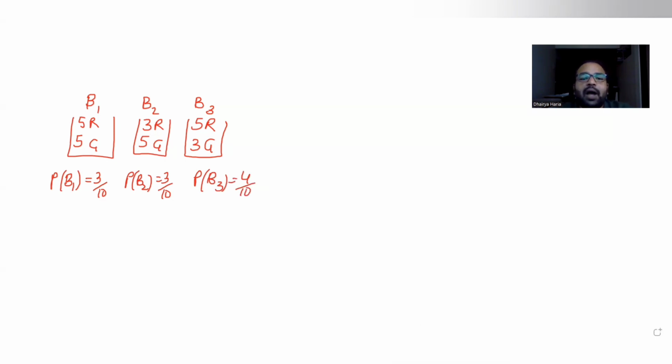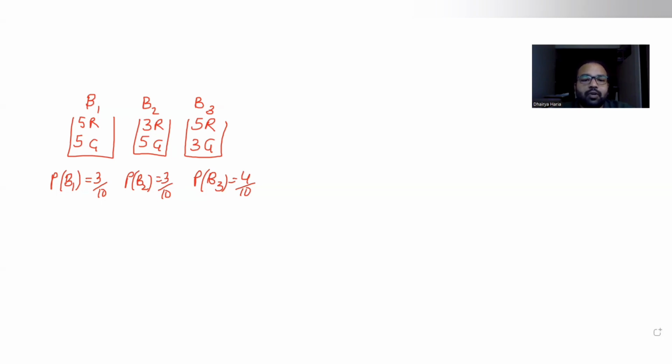After that, it says a bag is selected at random, and after that a ball is chosen at random from the bag. Then which of the following options are correct? There may be one answer correct, or there may be more than one answer also correct. Let's find out what are the correct answers in this question.